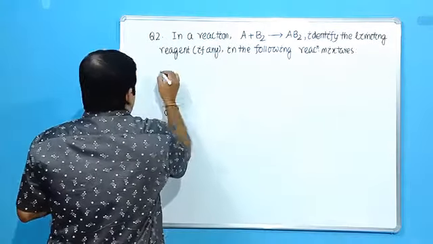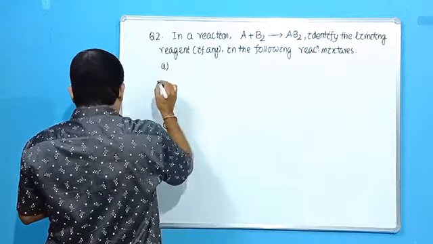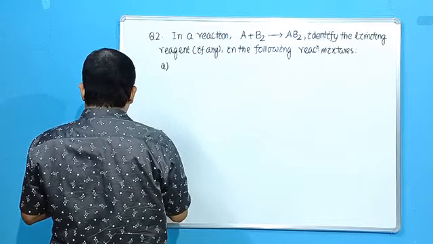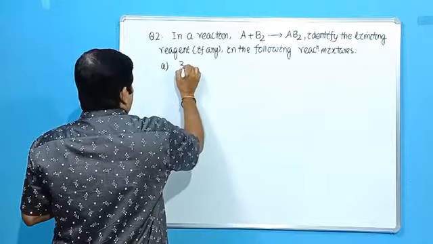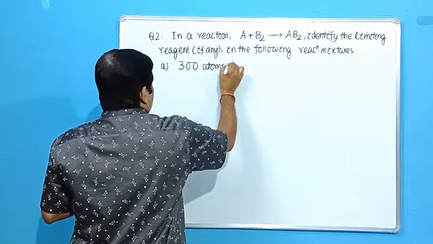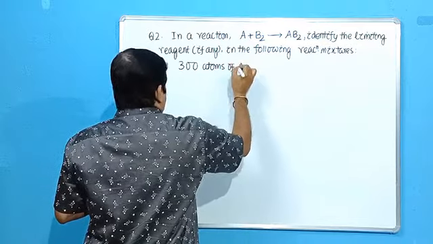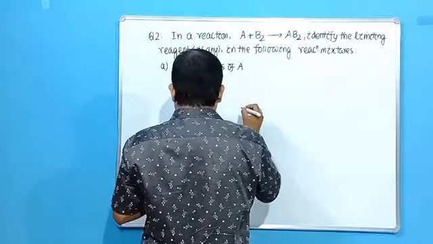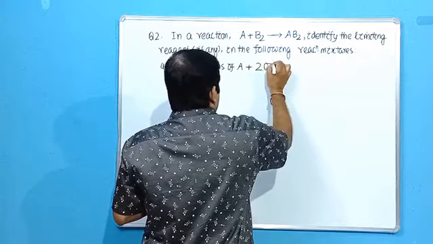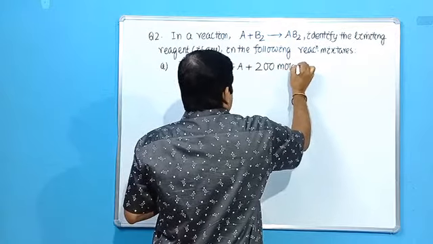What are the reaction mixtures? First, 300 atoms of A plus 200 molecules of B2.